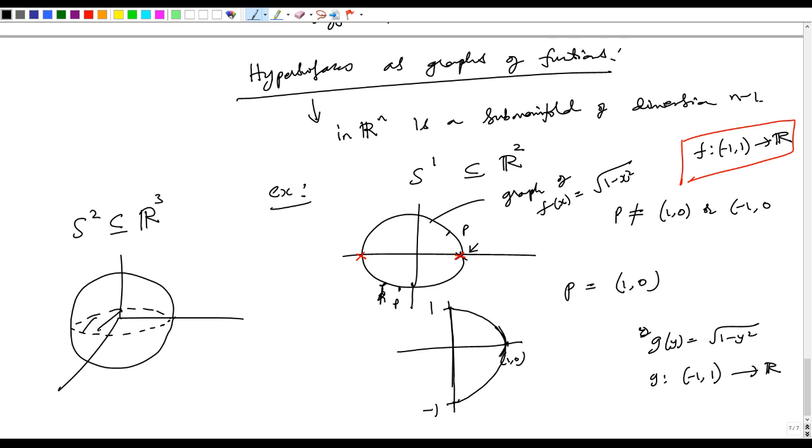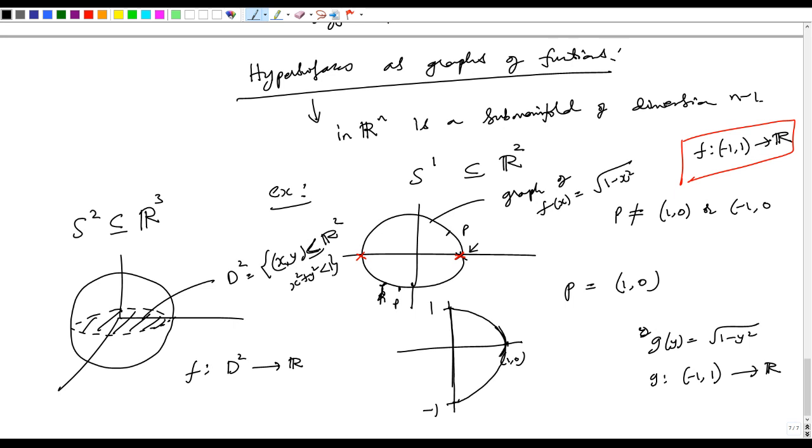So this is now the domain, the open unit disk, and I define a function from the open unit disk D2 to R. This is the set of all (x, y) in R2 with x squared plus y squared strictly less than 1.